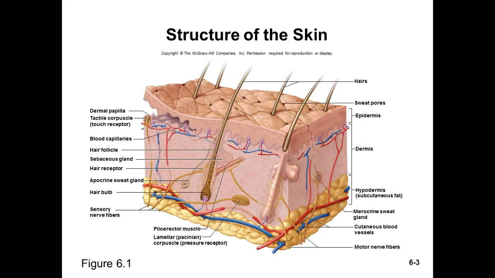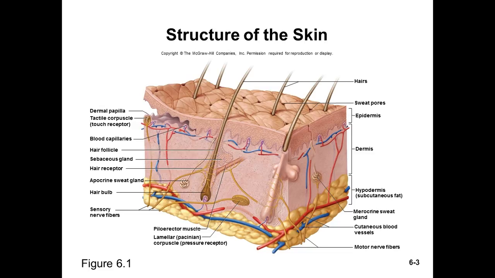You can see the hairs, or the shaft of the hairs, which of course is actually the part that we can see. And below the dermis you have the hypodermis, which of course is just a lot of adipose tissue or fat cells, the yellowish color, which is called the subcutaneous fat, which we studied in chapter 5.